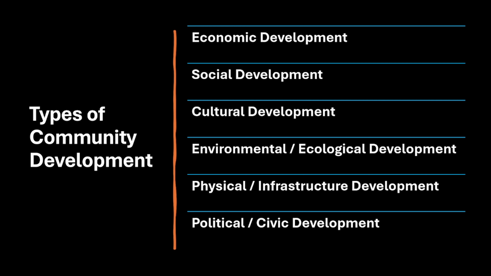Political or civic development. Civic development is about strengthening democracy at a local level, and it helps communities become more active in governance, planning, and advocacy. This can include training in leadership and rights, setting up forums for public input, or involving citizens directly in budgeting decisions.